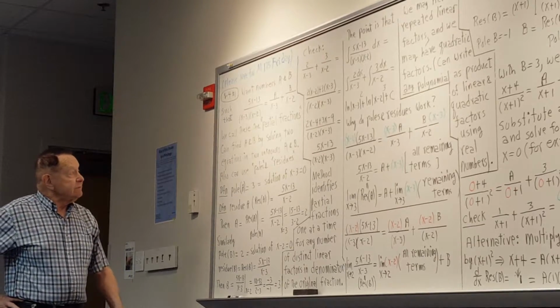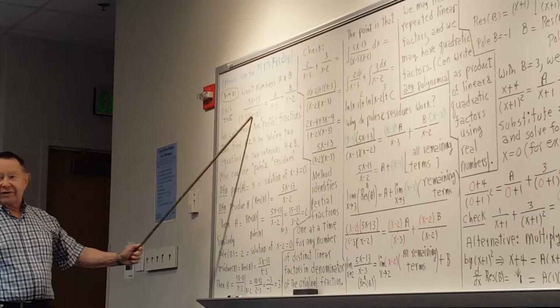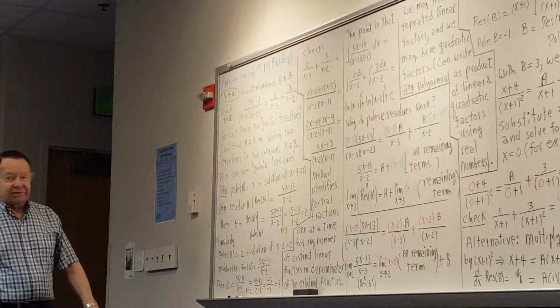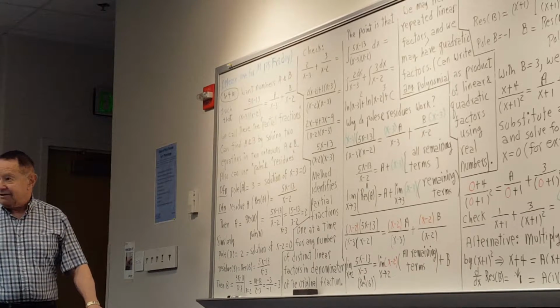So for distinct linear factors, poles and residues is really pretty slick.